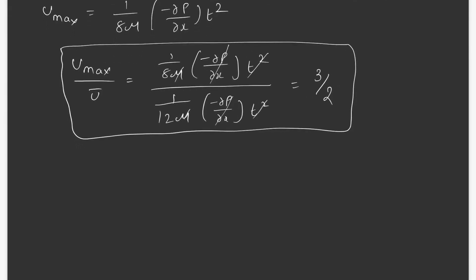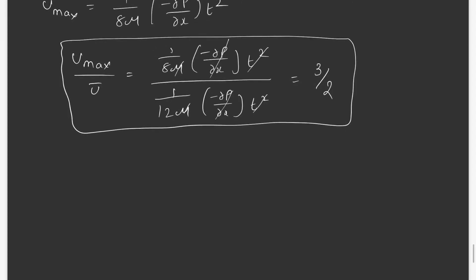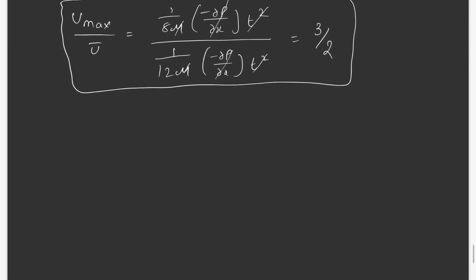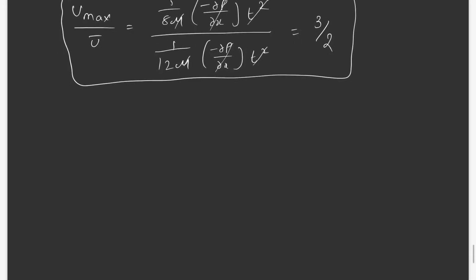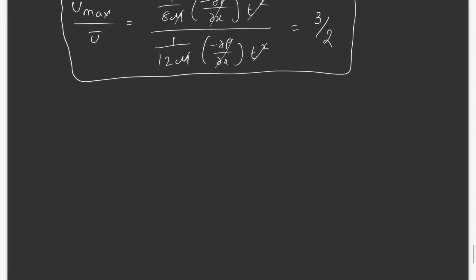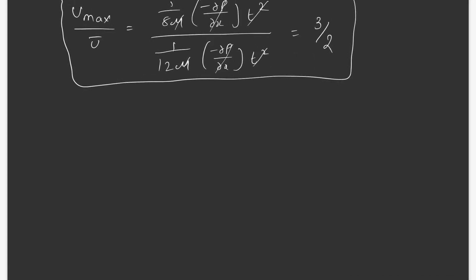As usual, in the same way we derived the pressure difference per unit length in pipe flow, we'll be deriving the same thing here also. To derive that, what do we have as our average velocity value? Pressure drop.